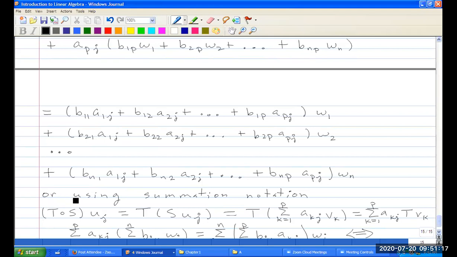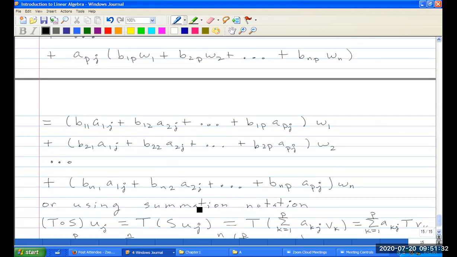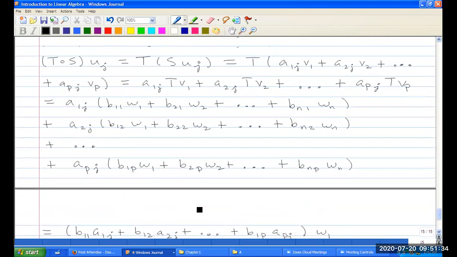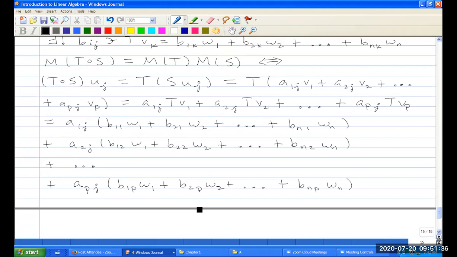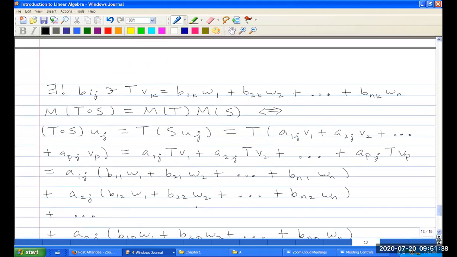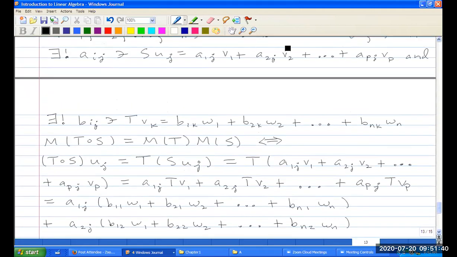So T composed with S, Uj is T evaluated at S of Uj. Now, what's S of Uj? Here's S Uj.